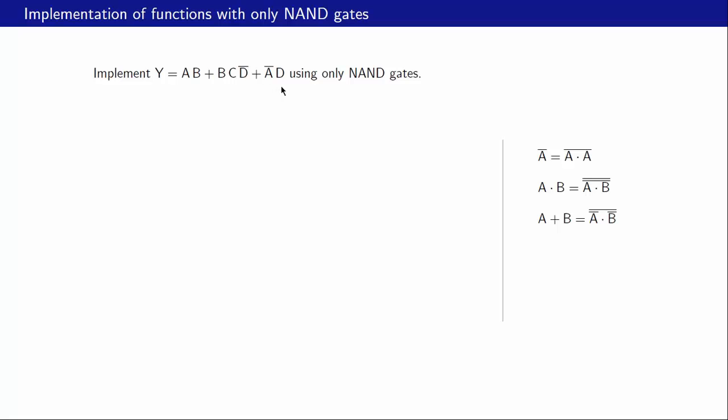And let us assume that we have NAND gates available to us with 2 or 3 inputs. So this is similar to this A plus B operation here, except we now have A plus B plus C because we have 3 terms, and that would be A bar dot B bar dot C bar and the bar of the whole thing.